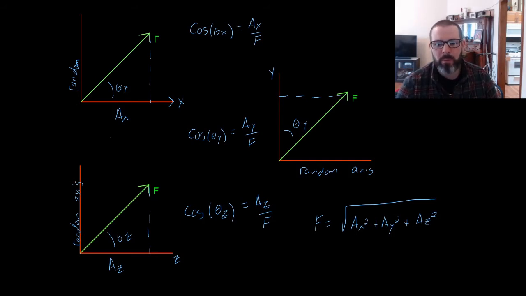But remember that theta x, theta y, and theta z is an angle between the force and the x, y, and z axis. The other axis is some random axis acting through the other two dimensions. It does not align with y or z. It is random.